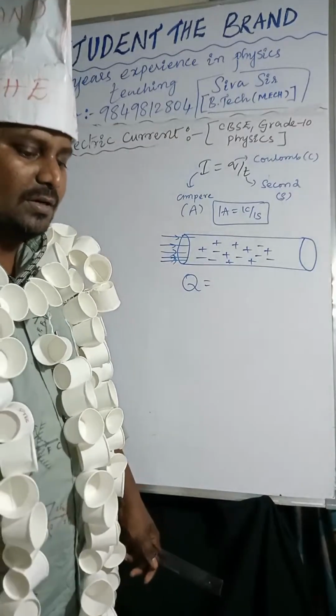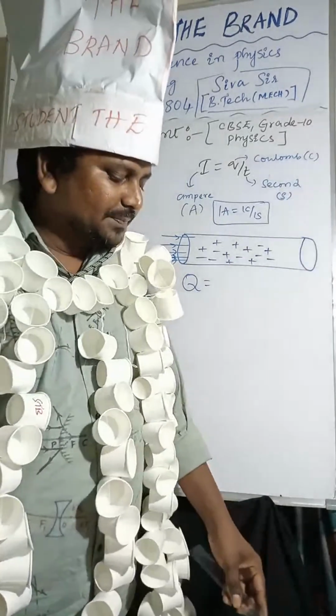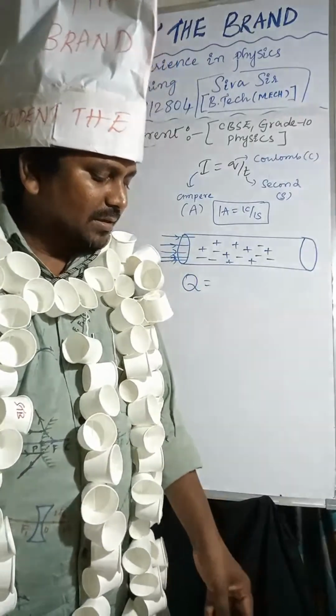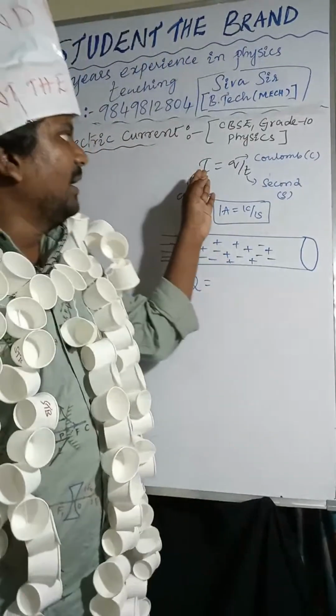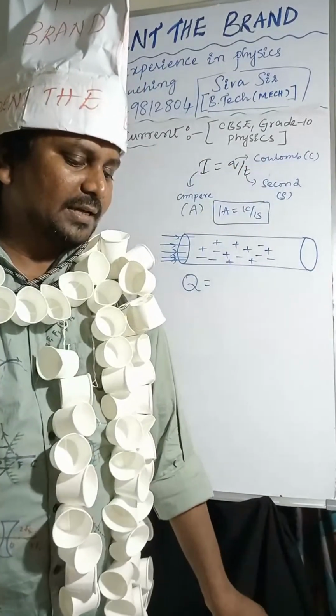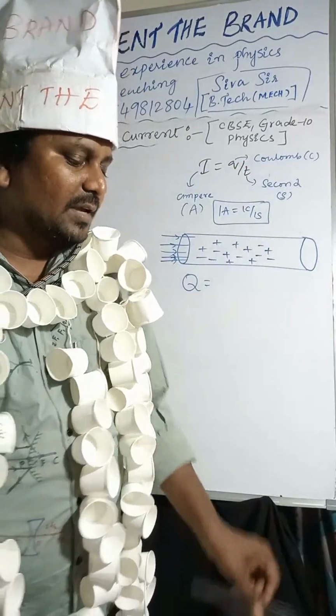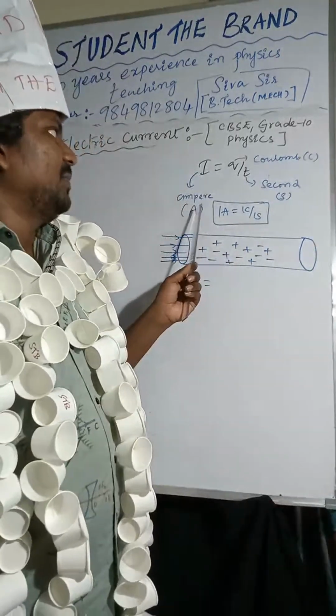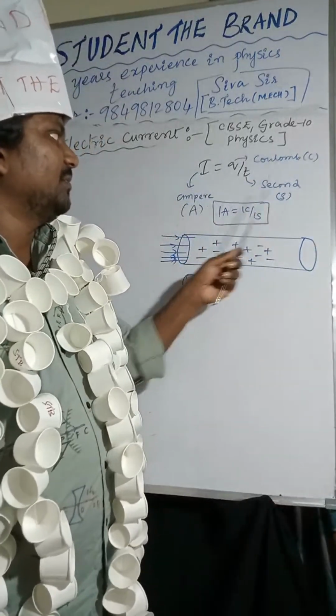Okay, done. So now we can see, I equal to Q by T. The SI unit of current is ampere, the SI unit of charge is coulomb, and the SI unit of time is second.